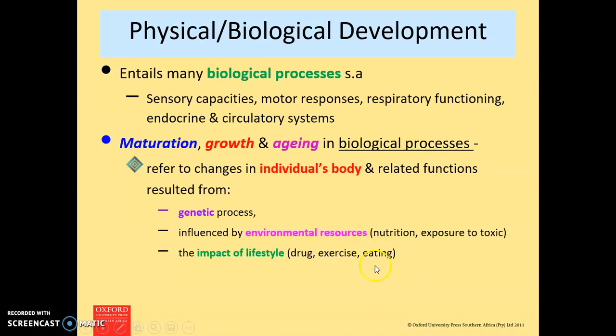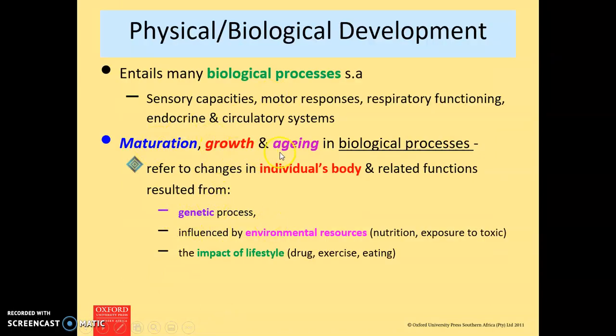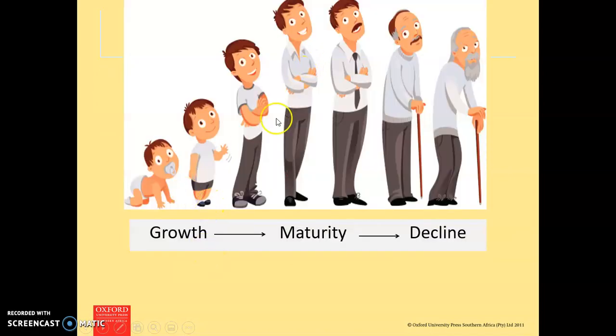If we exercise and eat well, it can affect us in a positive way. But it depends; some medicines are important for a healthy lifestyle. For example, if we have a disease, of course we need to take medicine. But drugs here are not medicine; they are substances that are not healthy for our lifestyle. I showed you this kind of picture already, to show that maturation, growth and aging are influenced by genetics and environment.